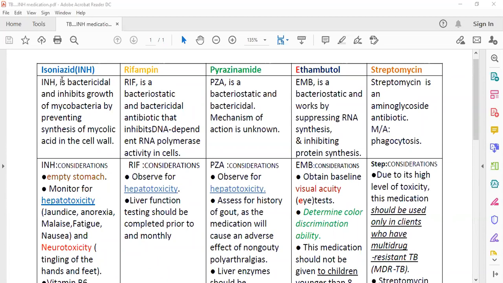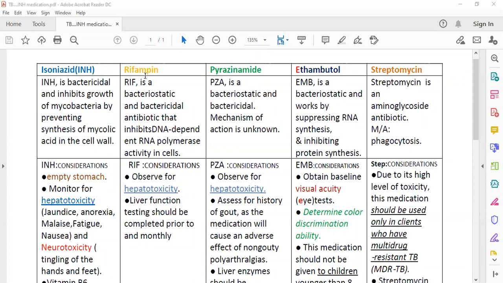So isoniazid is bactericidal and also inhibits the growth of mycobacteria by preventing synthesis of mycolic acid in the cell wall. Cell wall of what? Mycobacterium bovis or Mycobacterium tuberculosis. The bacteria does not form because of cell wall lysis.